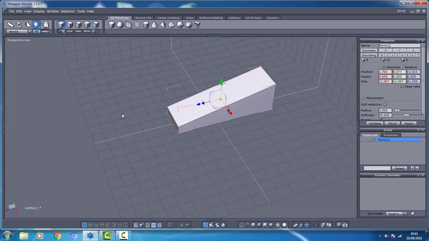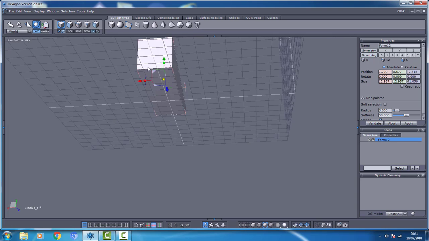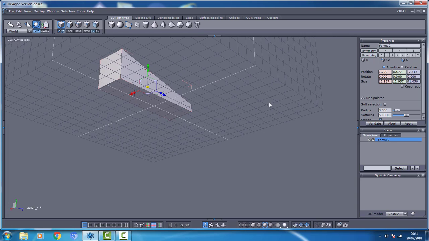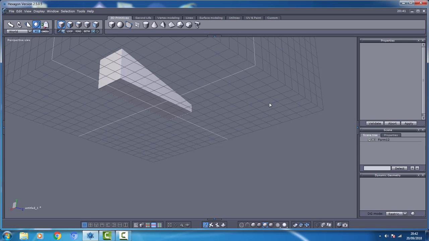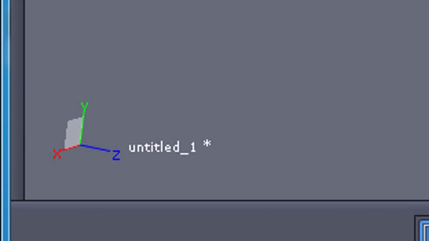And if ever you're going around like this and you're not sure which direction you're in, and you've got your model deselected as well, you think, well, how do I know which direction I'm in? Well, you can just look down there and you always know that the Z, the blue, is in the forward direction.